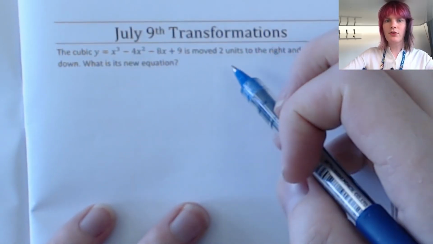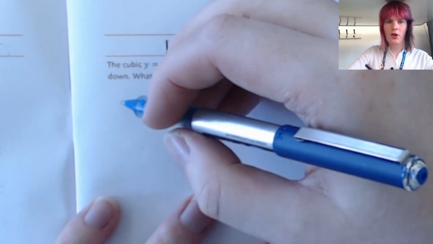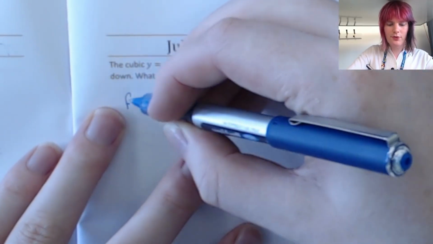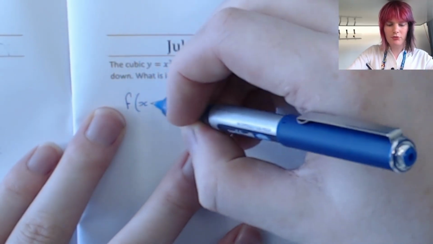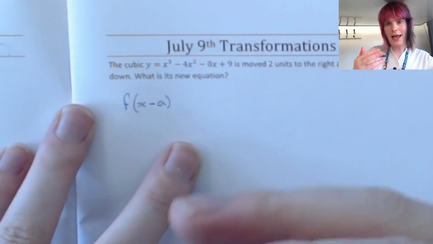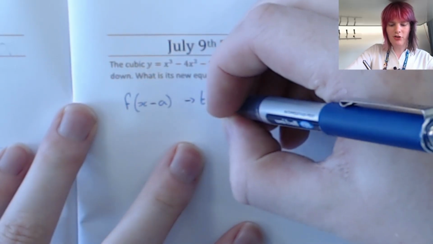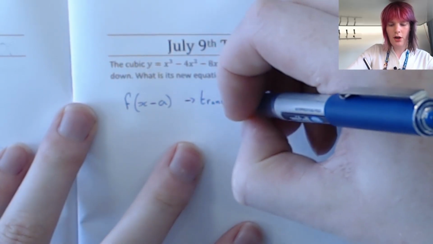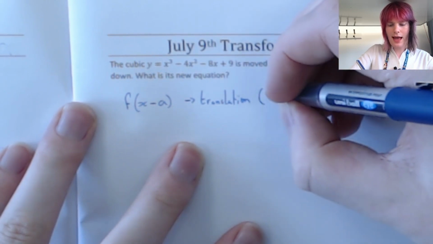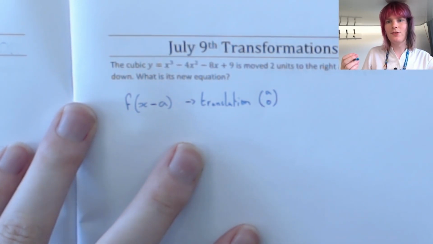So first off, we're moving 2 units to the right. So we're going to remember from our transformations that if we do f of x subtract a, so this is inside the bracket, we're doing it to the x, that is a translation along the vector a, 0. So translation to the right of a.